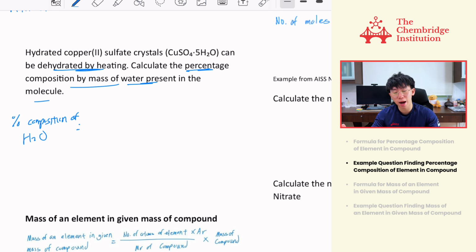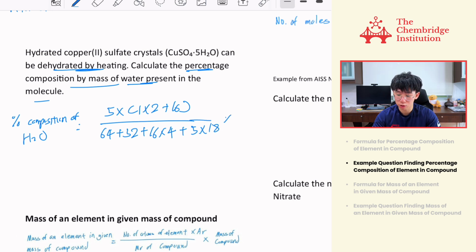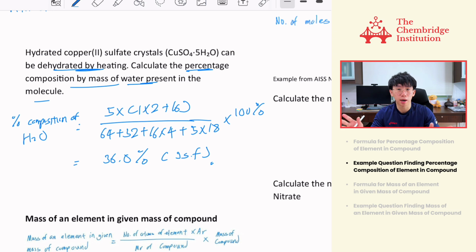We know that there are 5 water molecules, so there's 5 times (2 plus 16), divided by the total mass of the compound, which is 64 for copper, plus 32 for sulfur, plus 16 times 4 for all the oxygens, plus 5 times 18 for the water molecules, and then you times 100%. When you calculate properly, you get a value of about 36.0%. So water actually takes up quite a huge percentage composition in this whole hydrated salt.